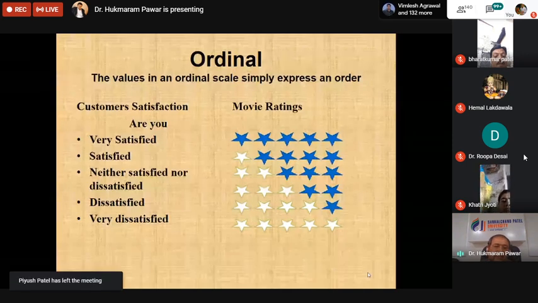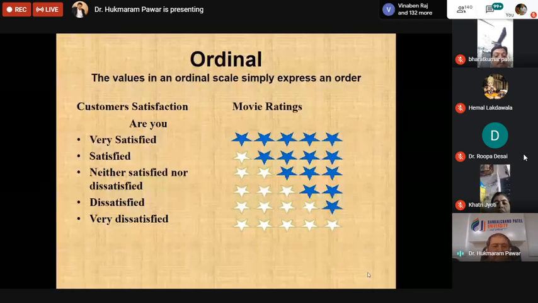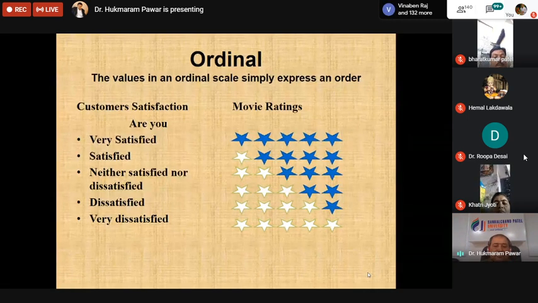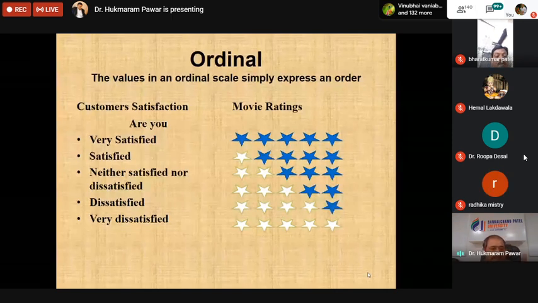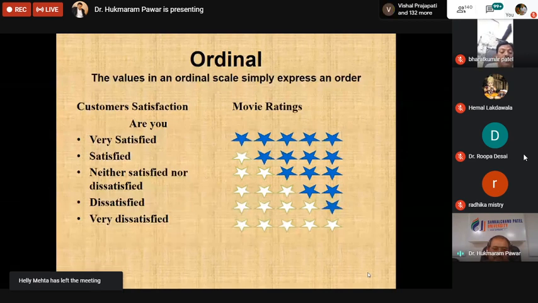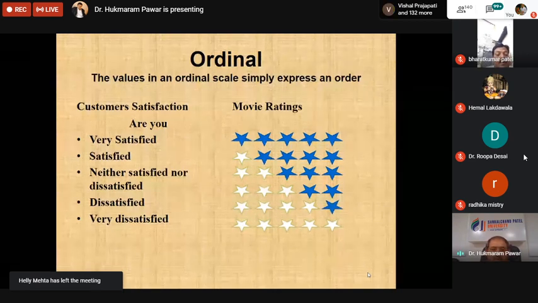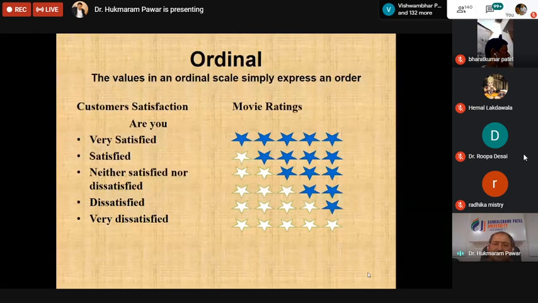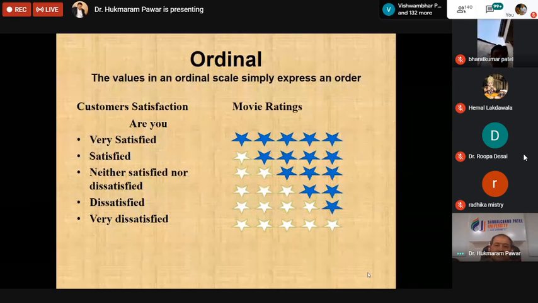Then the value in an ordinal scale is simply expressed. When we ask our customer, what is your satisfaction level, then very satisfied, satisfied, neither satisfied nor dissatisfied, dissatisfied, and very dissatisfied. But we can't say what is the difference between very satisfied and satisfied, or how much less satisfied is than very satisfied. We can't say this. So that is called ordinal.